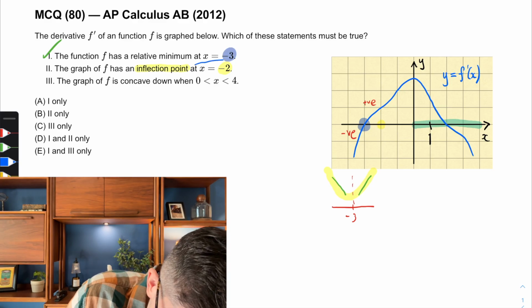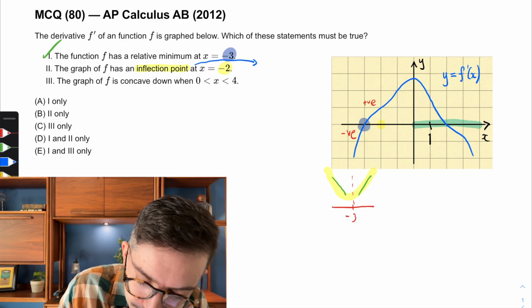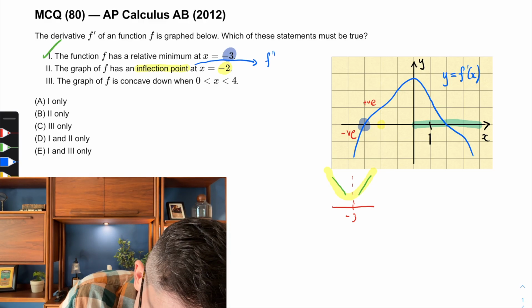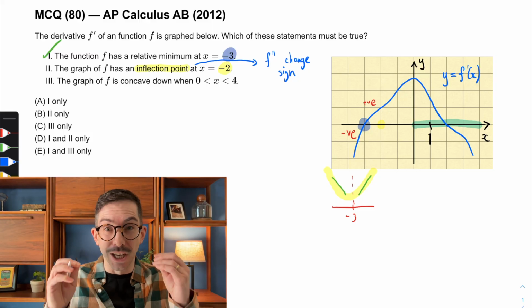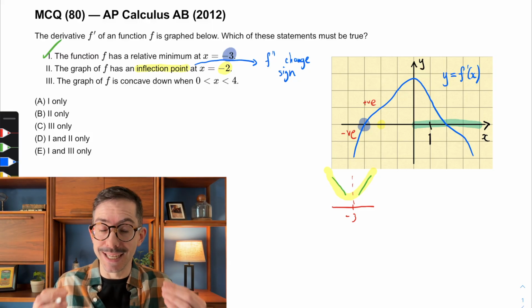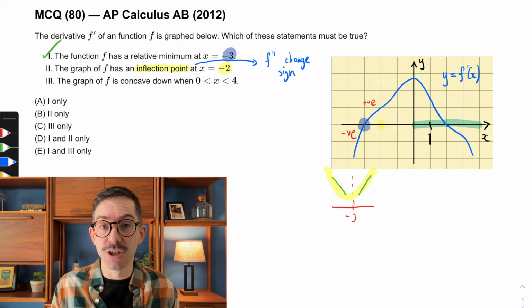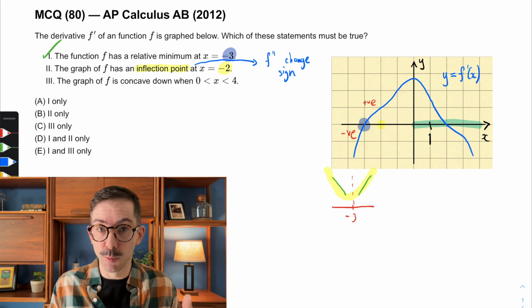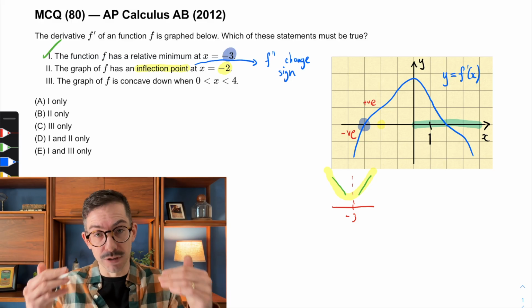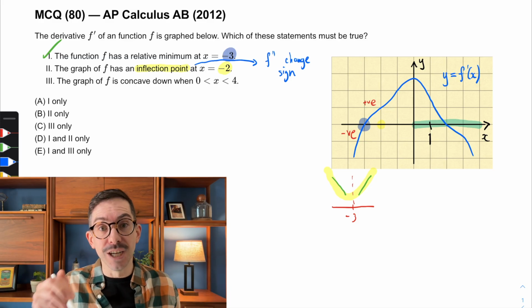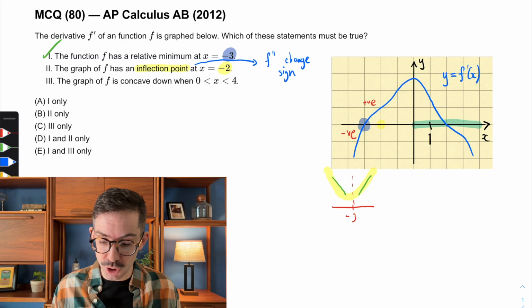And so that means I need f double prime to change sign. The concavity of a function is detected by the sign of the second derivative f double prime. So if concavity is changing from down to up, the sign of f double prime had better change.